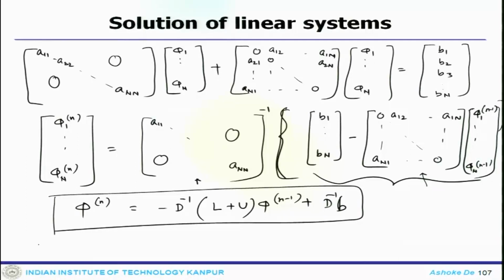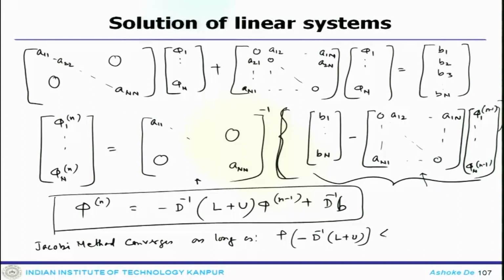Now this particular method, the Jacobi method, converges as long as the spectral radius of minus D inverse (L plus U) is less than 1. As long as this condition is satisfied, this particular method converges nicely.